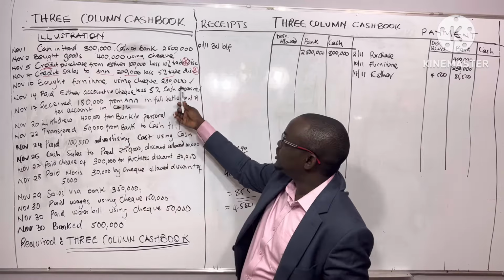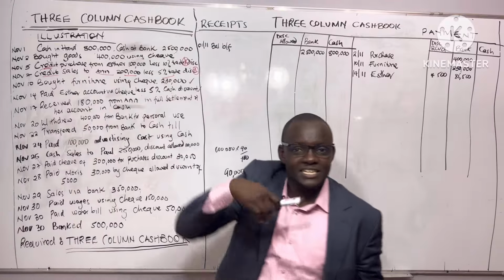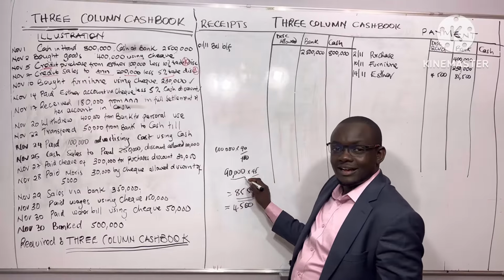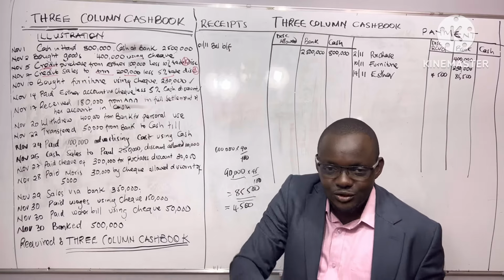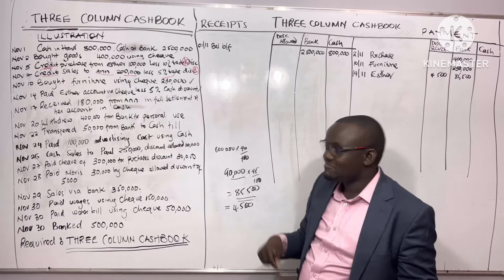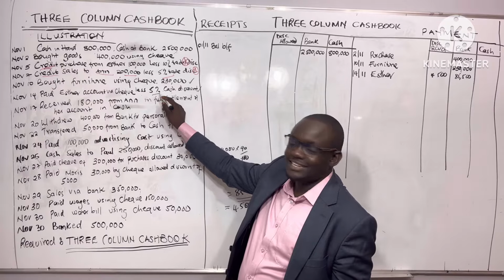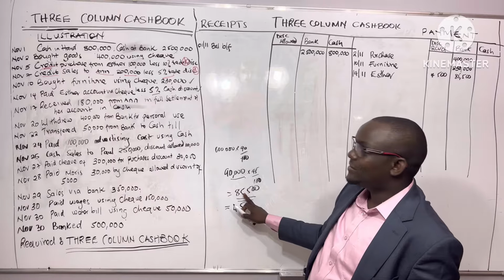When Esther was buying, he was given the trade discount, so he was supposed to pay 90,000. This time, he is paying for the goods, so he's told, now that you have paid on time, we will give you an extra 5%. That means he pays 85,500.